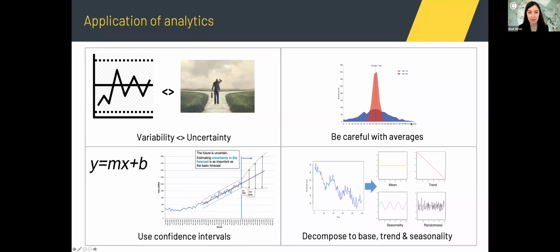But the variability in the blue shaded curve is much wider than the variability in the red shaded curve. So I can be prepared for the variance in the demand with much lower safety stocks for a demand series that follow the red one compared with a demand series that looks like the blue one. So we always need to take into account how much variability there is in the demand series when we prepare our plans to match the demand with our supply.